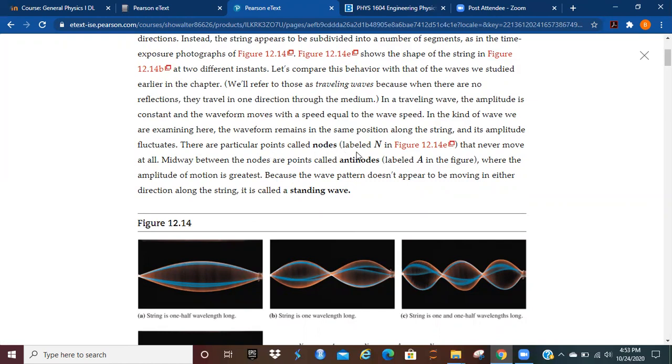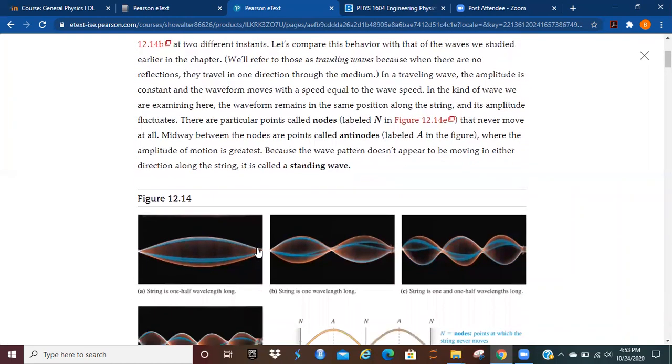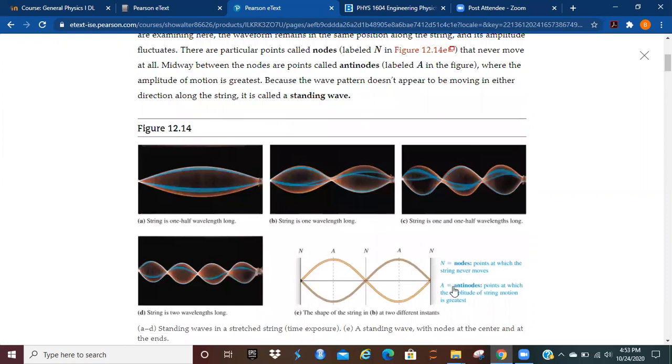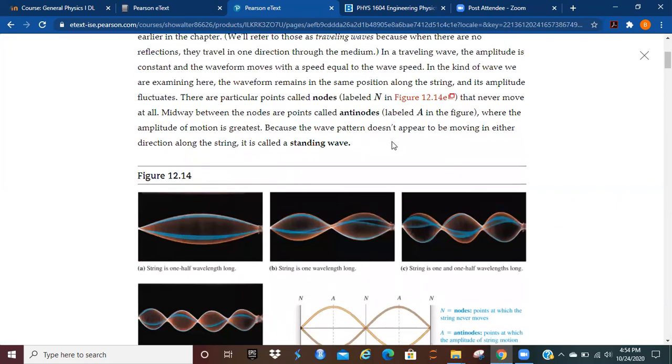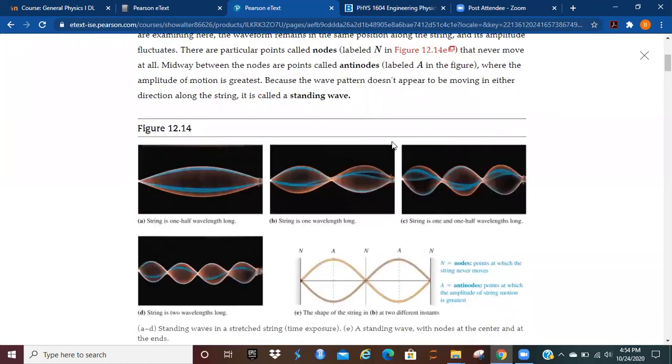There are particular points called nodes that never move at all. Midway between the nodes are the antinodes. And you can see those here: node, antinode, node, antinode, and then the node. Because the wave pattern doesn't appear to be moving in either direction, it is considered to be a standing wave.